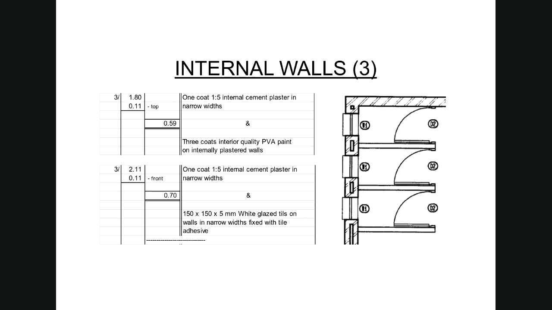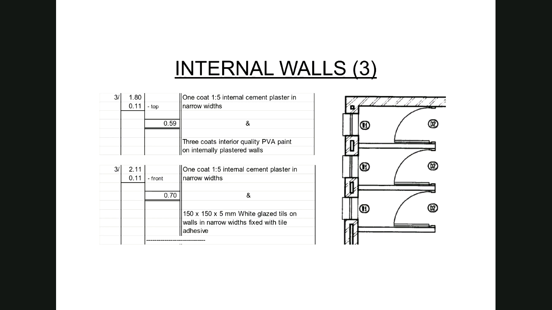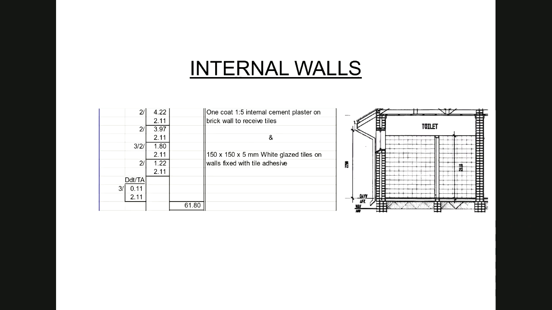But now when we are in the superstructure and we are looking at the section through this toilet area, we can see that the toilet walls are only 2.11 millimeters high. So that means that we are not going to measure a wall in this area because it defeats the purpose. There is no wall over there because these three perpendicular walls over here are as high as the door. Okay, so let's move back to the half brick wall.